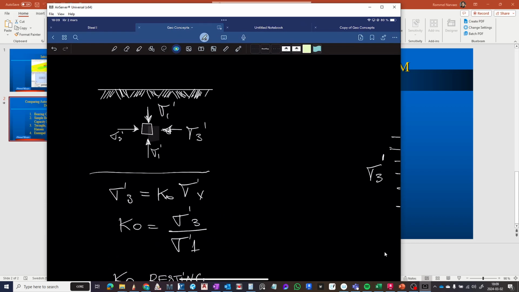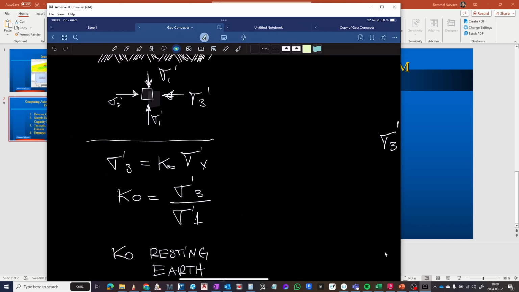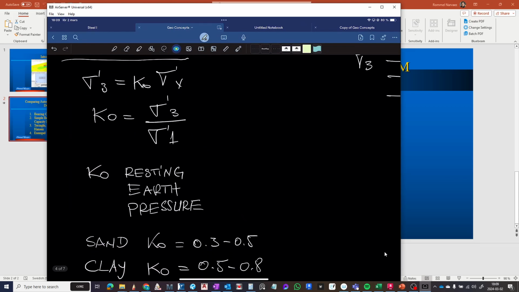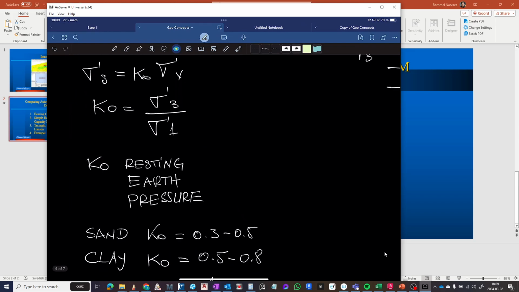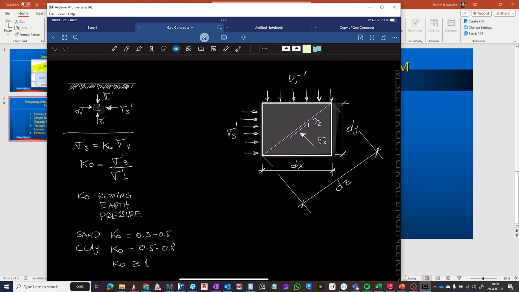There is a relationship between these two, which has to do with the at-rest state of the soil, the resting earth pressure, which is called that name. For sand, for example, the at-rest earth pressure K0 is equal to 0.3 to 0.5. For clay it is from 0.5 to 0.8 and bigger than 1.